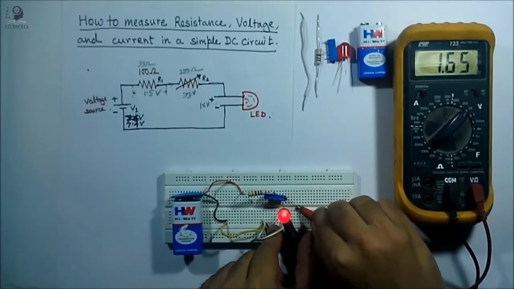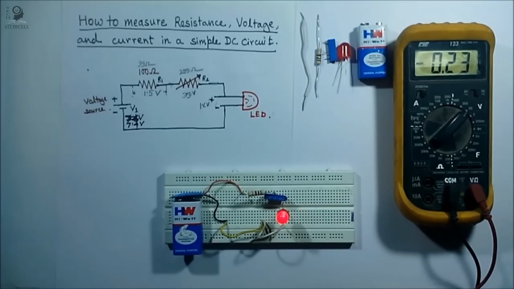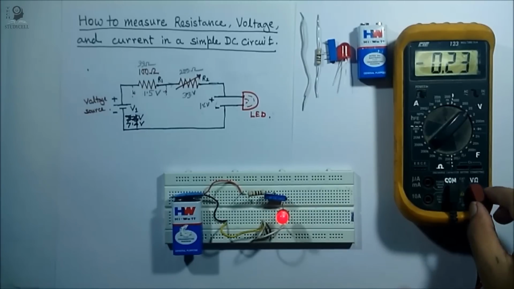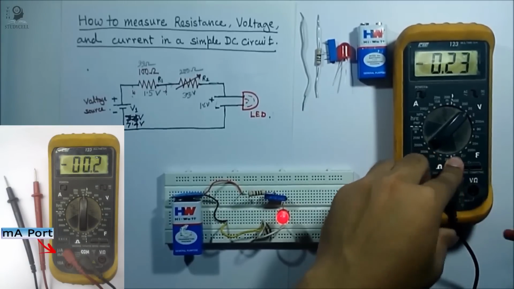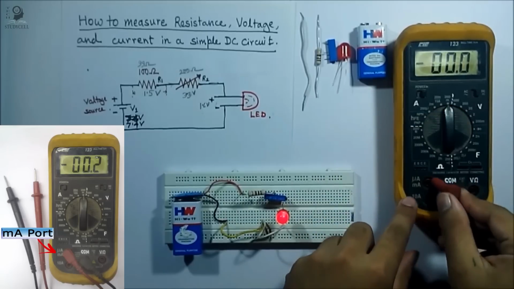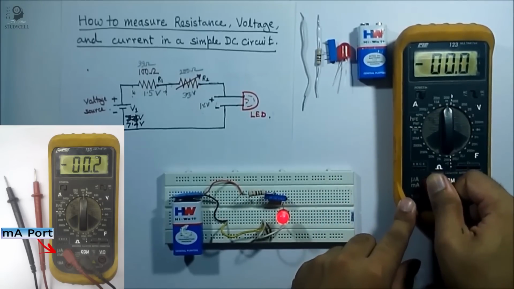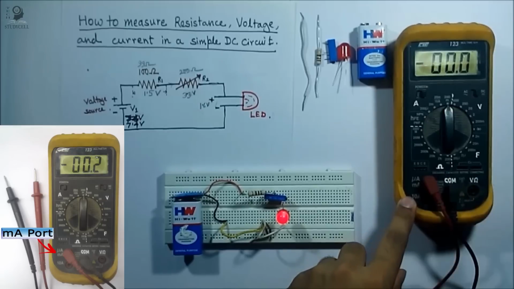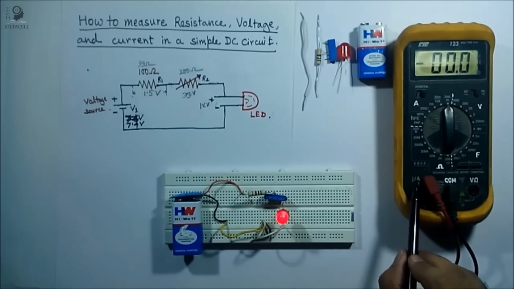Now how to measure the current? To measure the current, first we have to connect the red lead of the terminal in the ampere port. Here I know the value will be in the range of milliampere, so I am connecting the red terminal in the milliampere port.